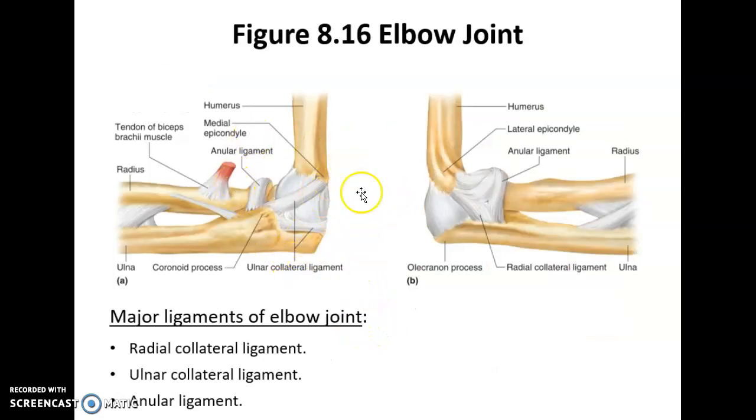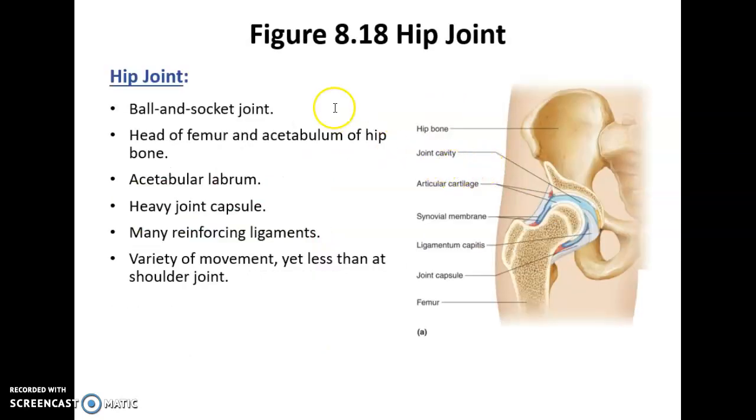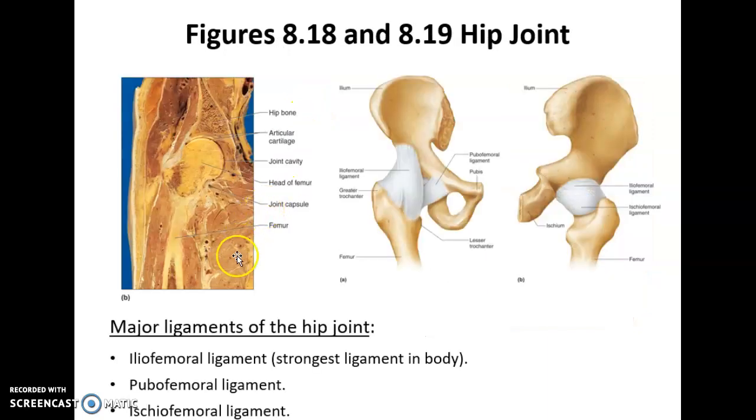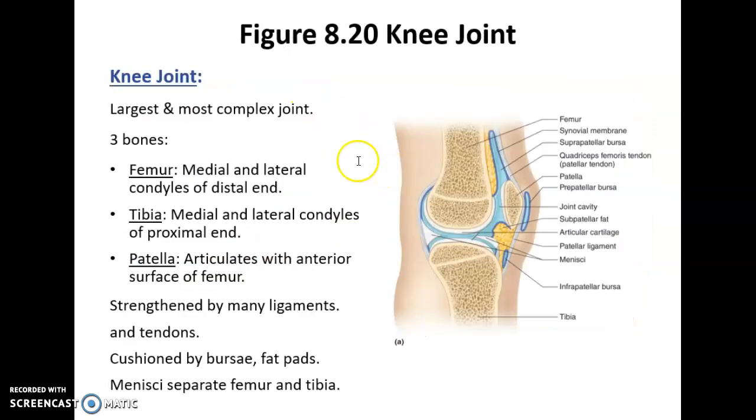Regarding the ligaments, you must know the location of the radial collateral ligament, the ulnar collateral ligament, and the annular ligament, which is this one. The hip joint is another one which is important, and the other one which is important is the knee.